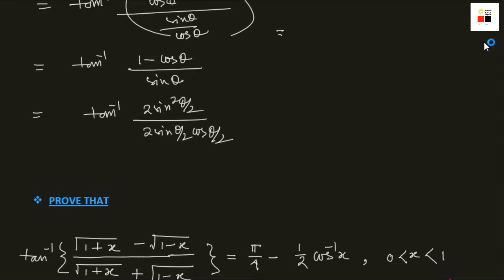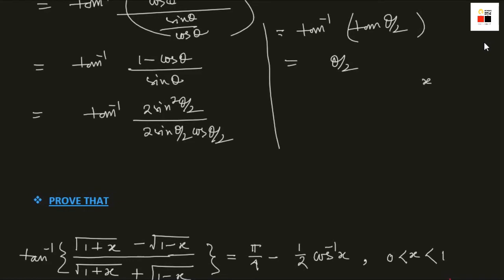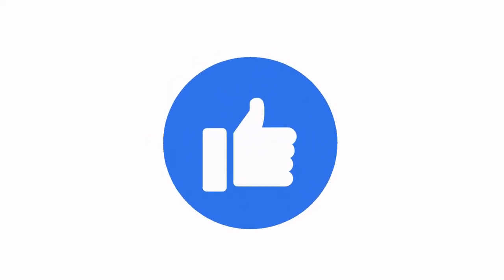This is equal to tan inverse of tan theta by 2. This is equal to theta by 2. x equals tan theta, therefore theta equals tan inverse x. Answer will be half tan inverse x.